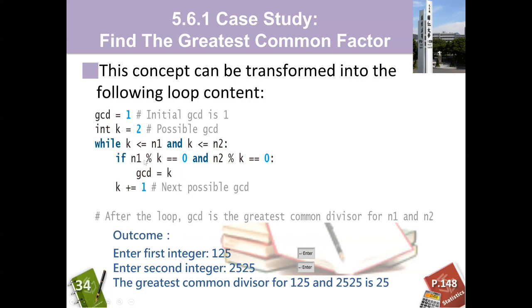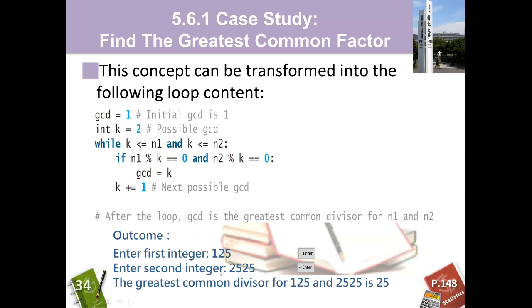The check is n1 remainder k equals 0, and also n2 remainder k equals 0. Then we will set k as the new GCD. Then we will find the next k, because this is a while loop. If you do not change the k value, that will become an infinite loop, right?